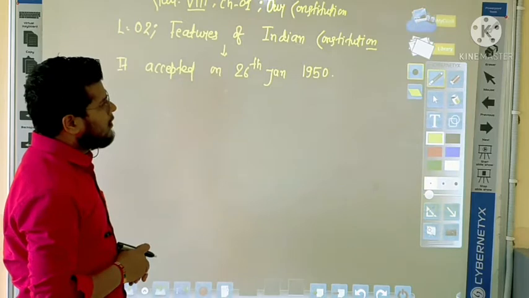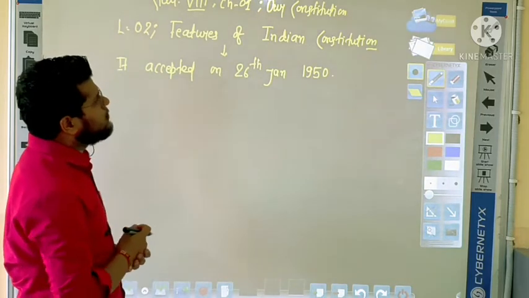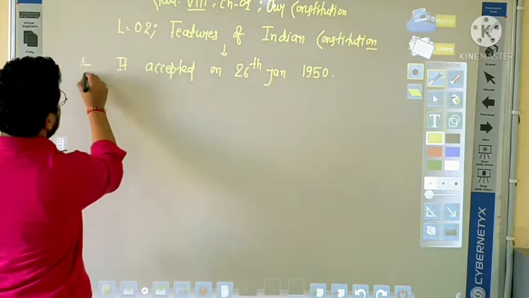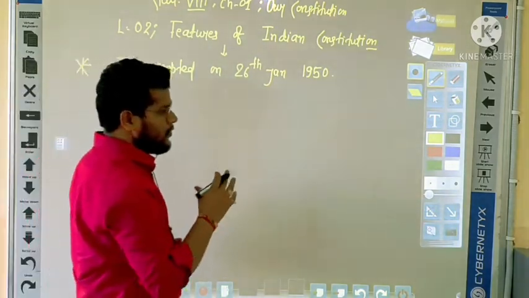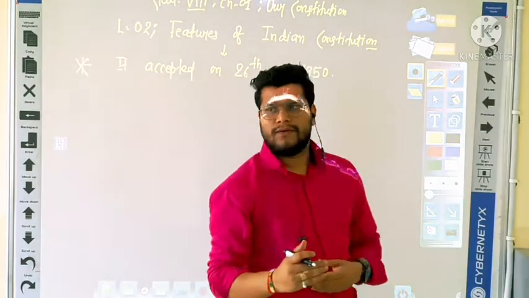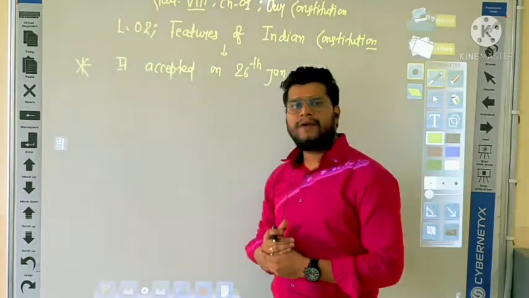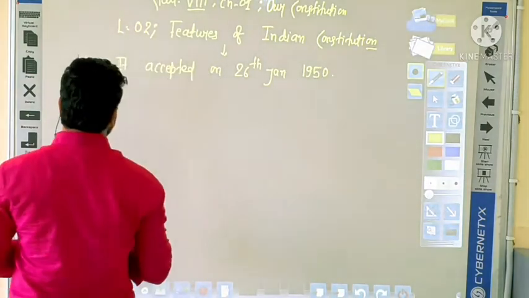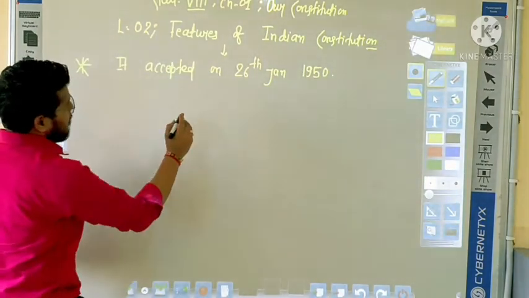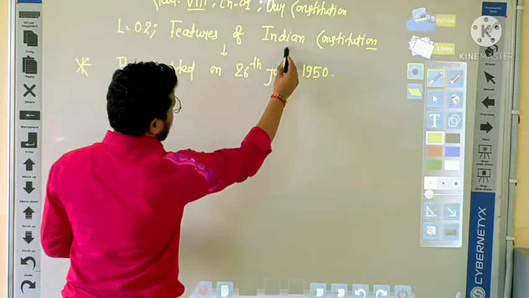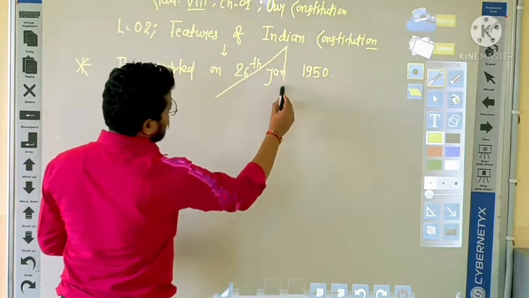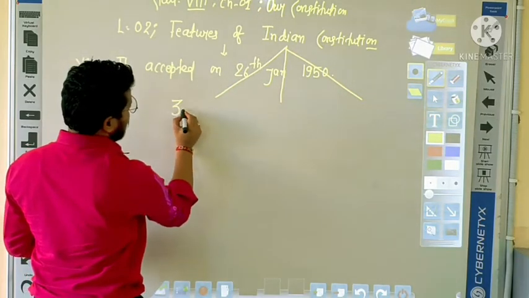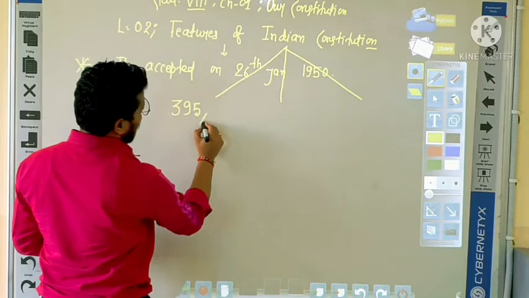Now I am going to tell you that after the framing of our constitution, at that time, the constitution had 395 articles.